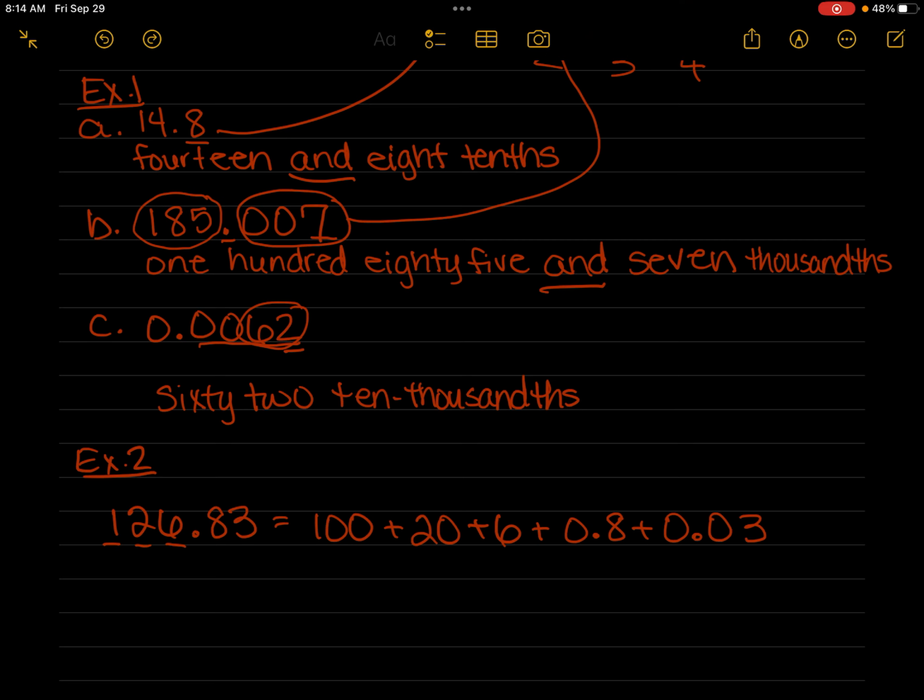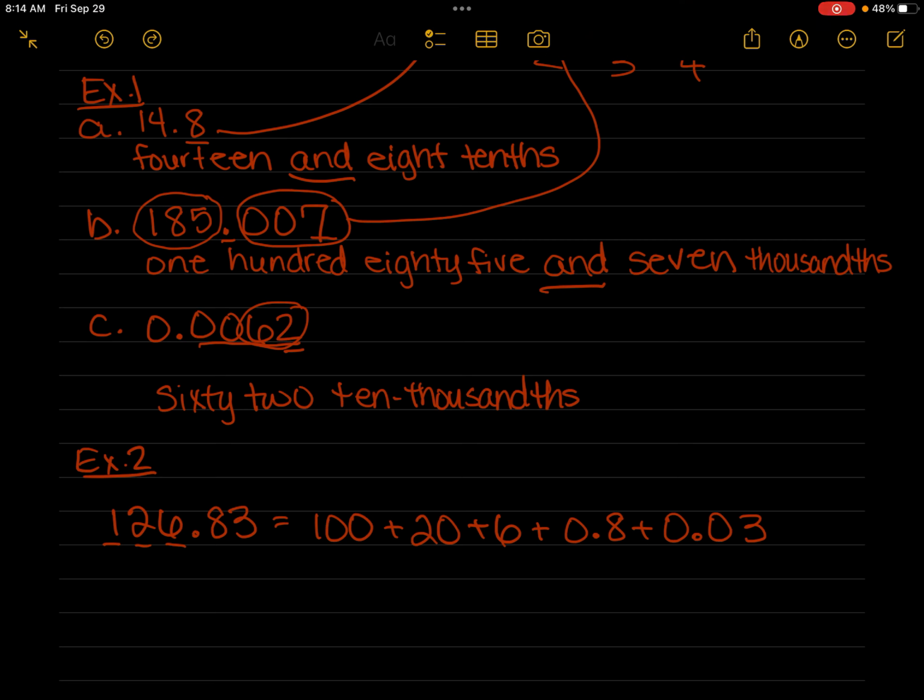Okay, here's the second way to write expanded form. And this is different. I did not show you this way in the last chapters because I didn't want to confuse you too much. But now we need to learn this other way of expanded form.